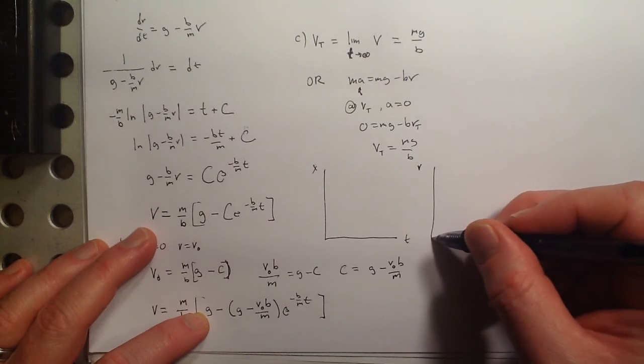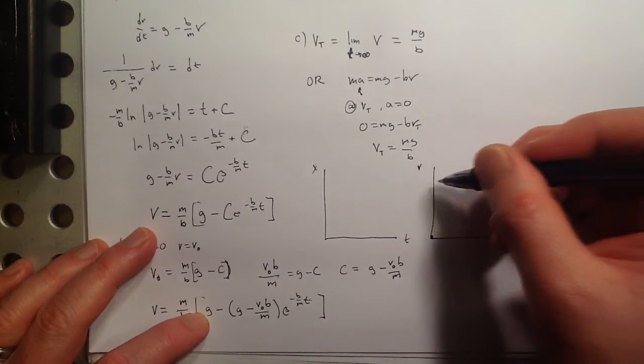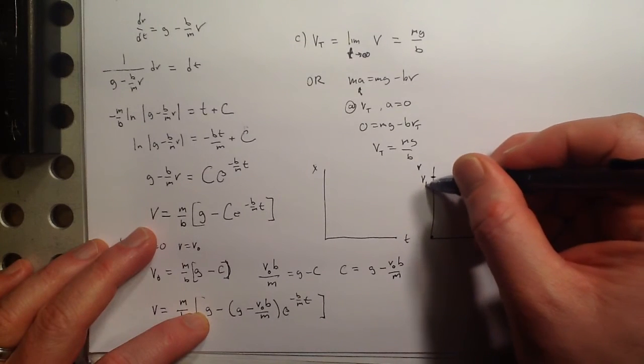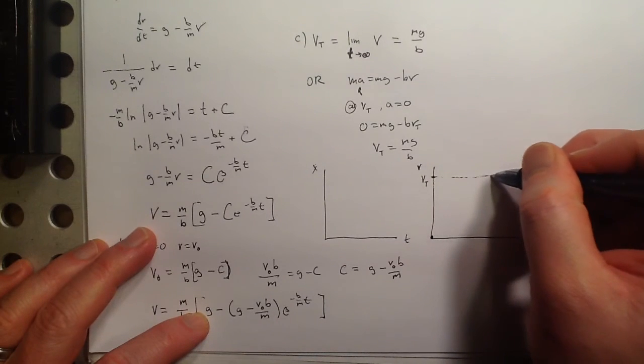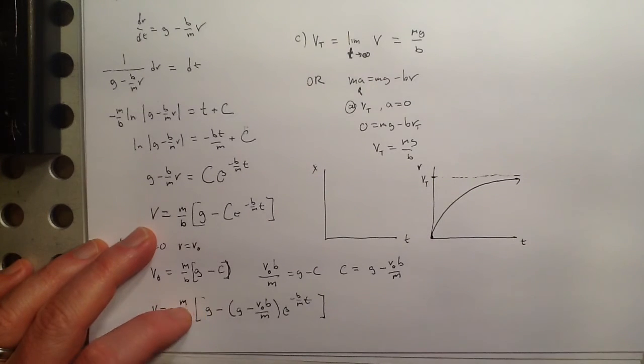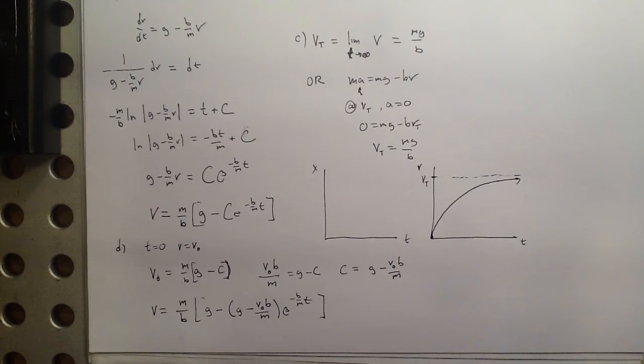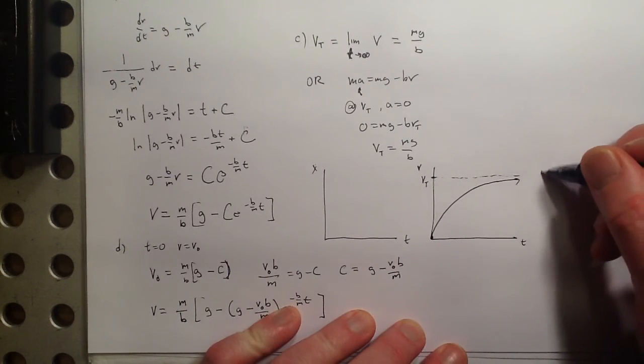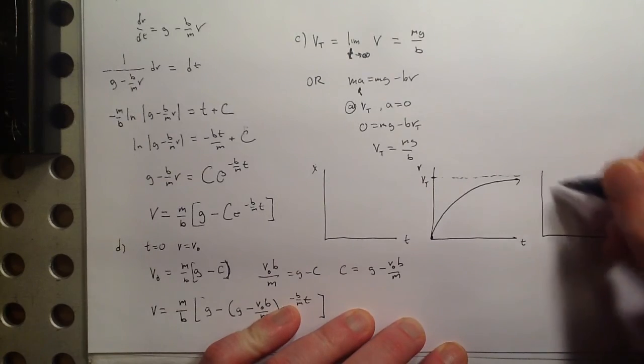Here we're dropping something with air resistance, so that's going to start at 0. And here's my terminal velocity. So it's going to basically do sort of an upside down exponential decay toward the terminal velocity, and then acceleration versus time.